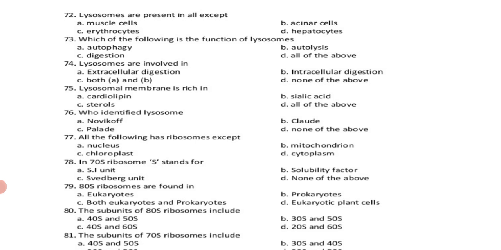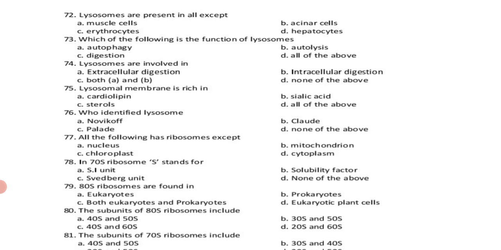So option A is the answer of question number 76. The other option, option C, is Palade. In 1955, George Palade discovered ribosomes. Option B, Albert Claude, gave techniques for cell fractionation. Option A is the correct answer for question number 76.